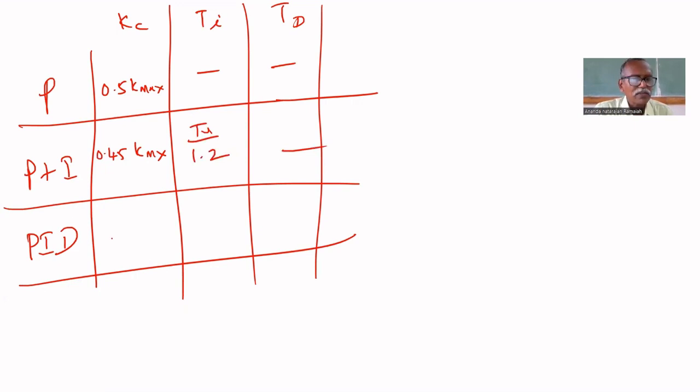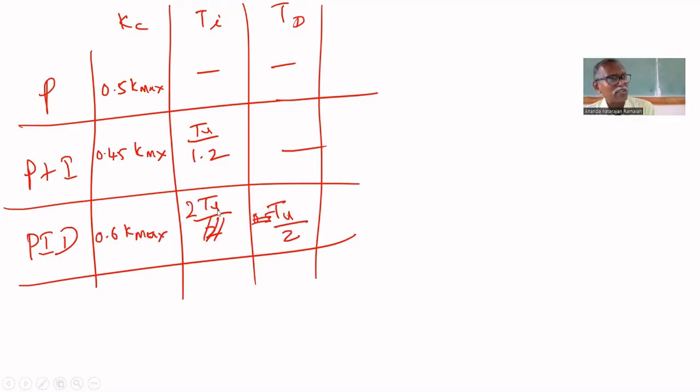For PID, here 0.6 times K max. So you get all the 3 controller parameters and you can do the simulation. That's all. Now we'll see how to do all these experiments by using MATLAB. Here also you have to get another 6 experiments.